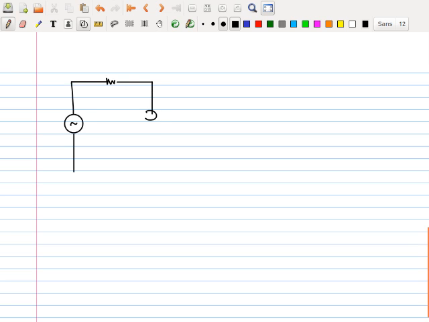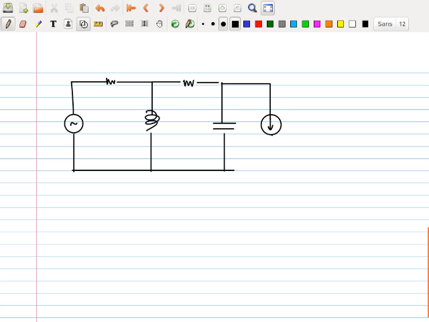There is an inductor here, then there is a resistor here, there is a capacitor here, and a current source here. Right? There is a current source. So here this is E plus minus. This is 12 volts with an angle of 0.